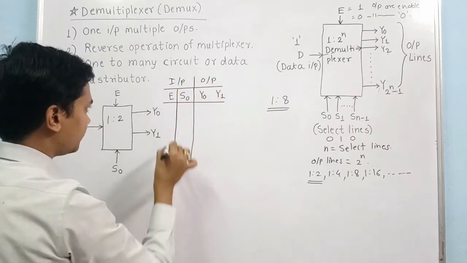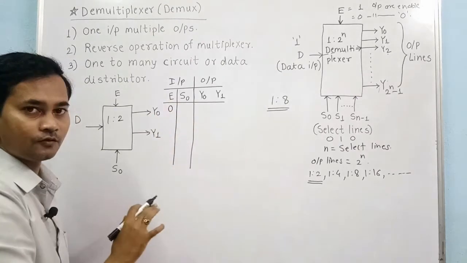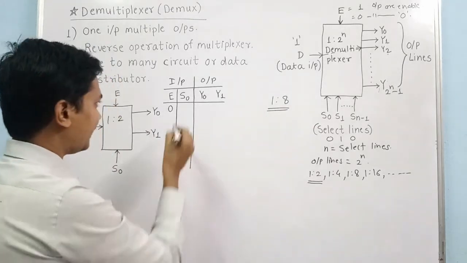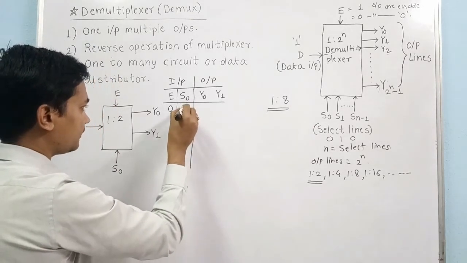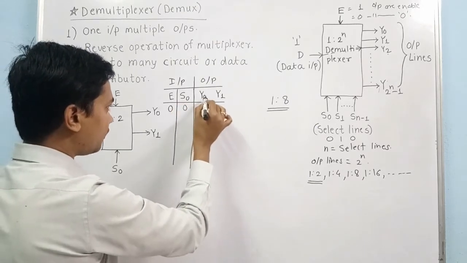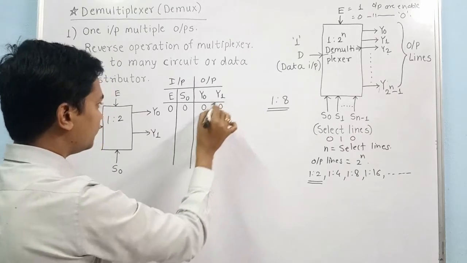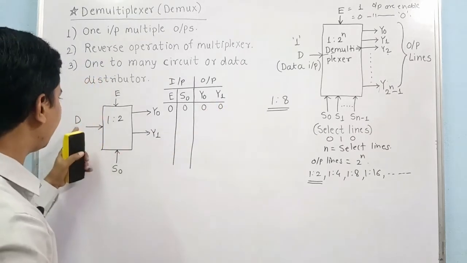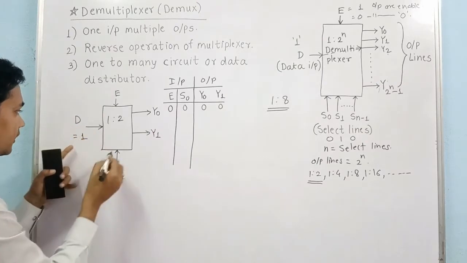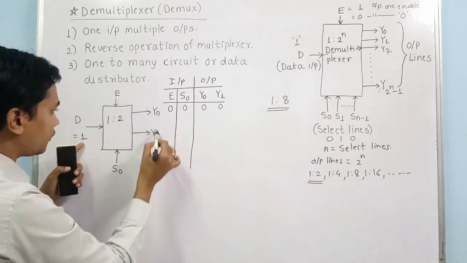Now consider, if E is equal to 0, that is, the enable signal is 0, that means the whole demultiplexer is disabled. Suppose the S0 line is made 0, then what will happen? The status on Y0 and Y1 will be 0 0, because even if you make D equal to 1, this data will not be sent over Y0 or Y1.